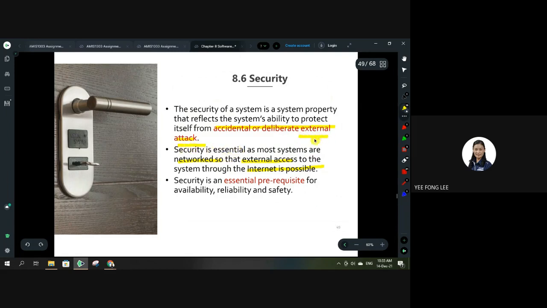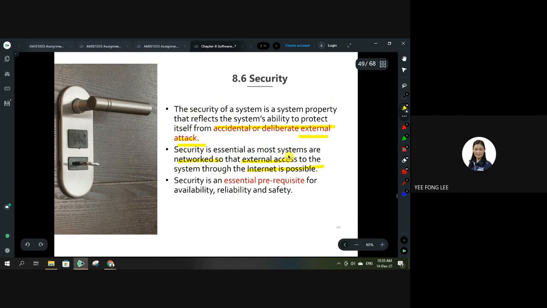The external attacks here are possible because most general purpose computers are now networked. When we open up our computer to the network, it means the potential is there. Therefore, it will also be accessible by outsiders.